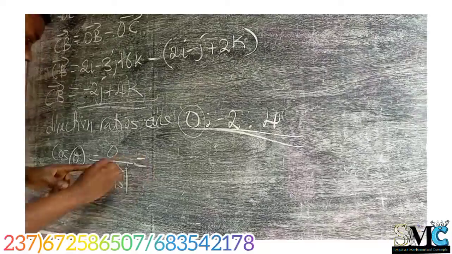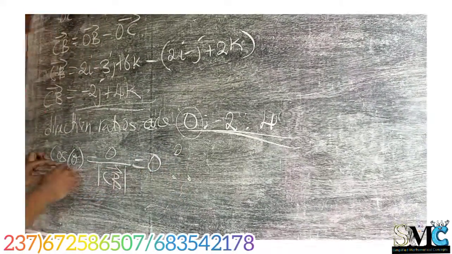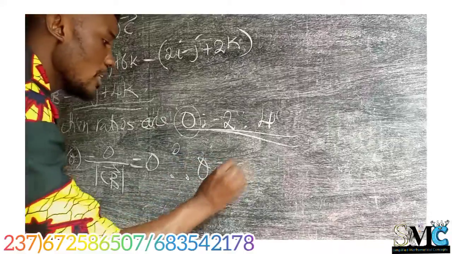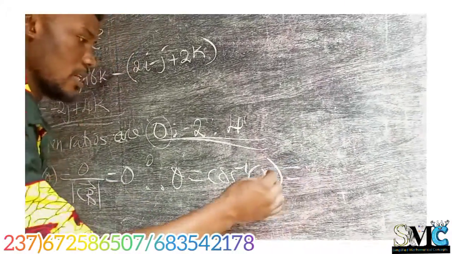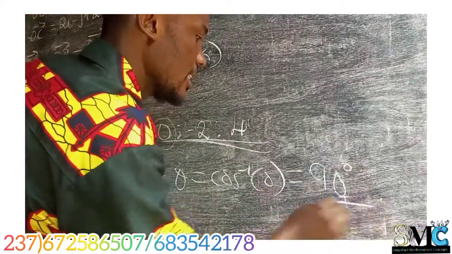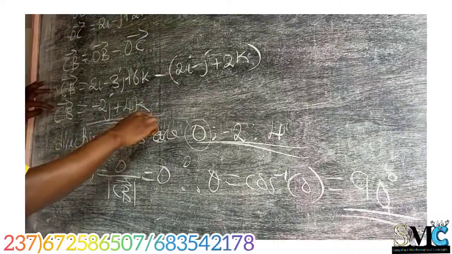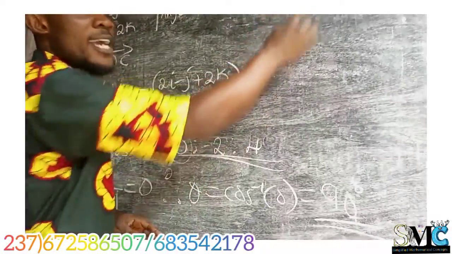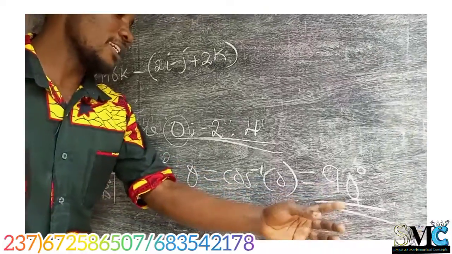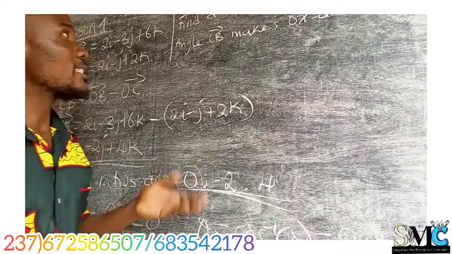But now, 0 divided by this is just 0. Therefore, this angle is equal to the cos inverse of 0, which is 90 degrees. So the vector CB is perpendicular to the x-axis since its angle is 90 degrees. This is how you solve this kind of problem.